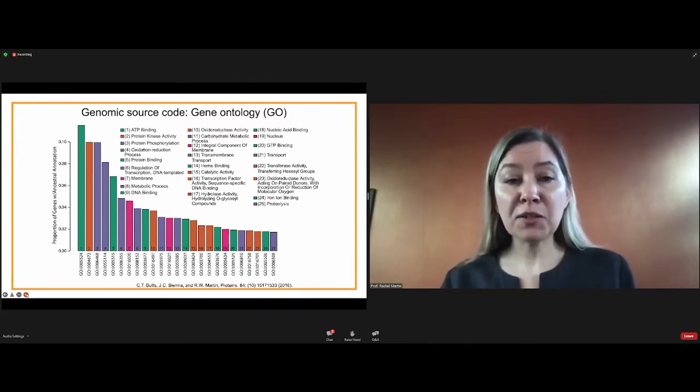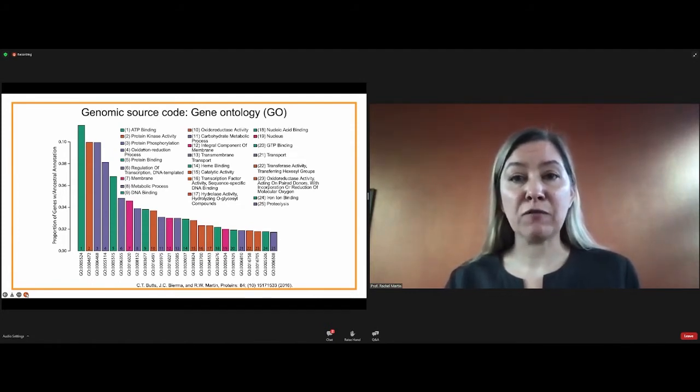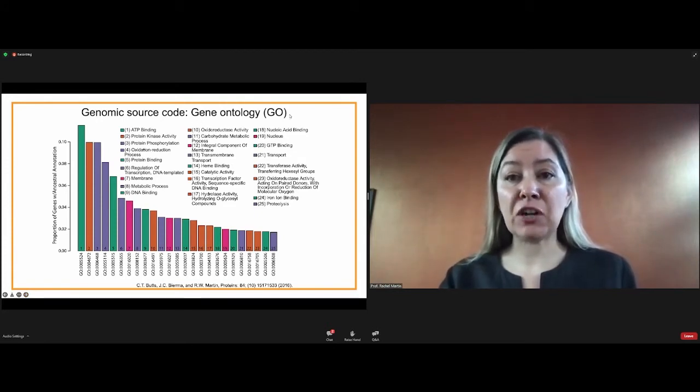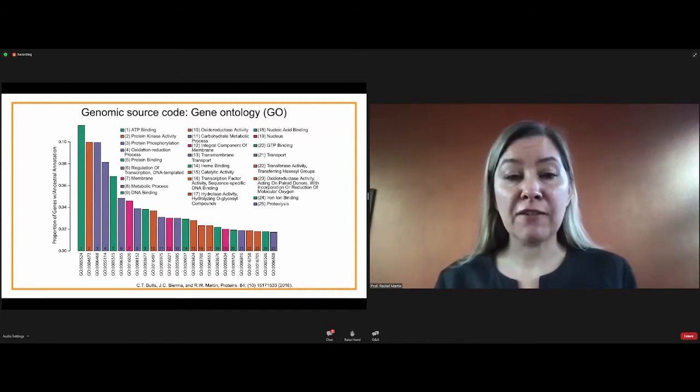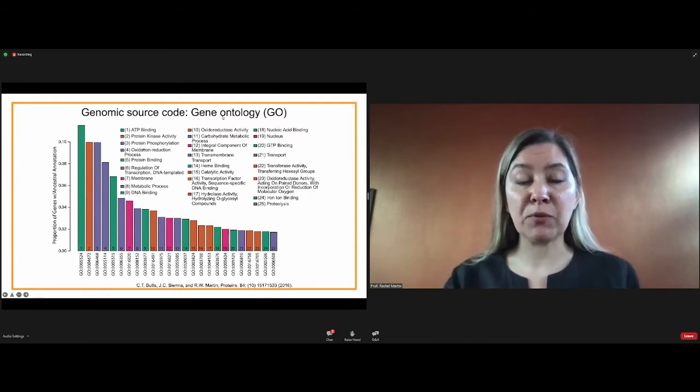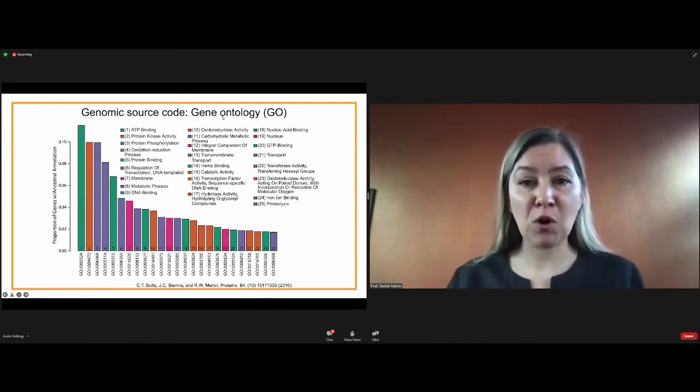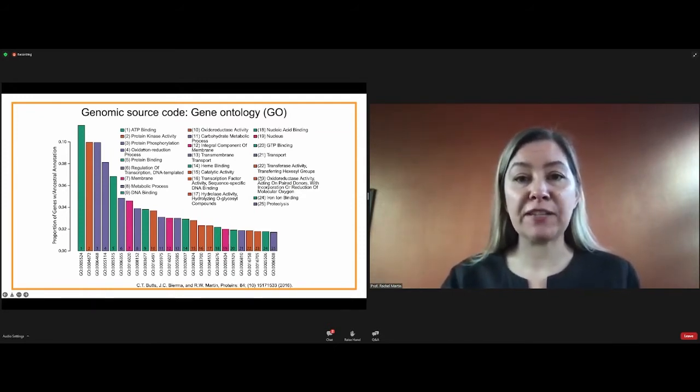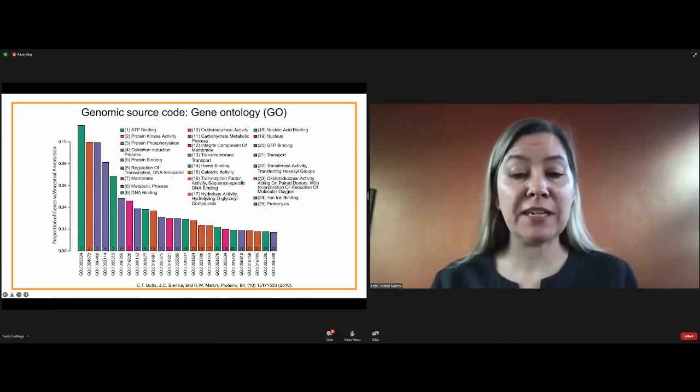We can also look at whether it has all of the core genes that we would expect for a eukaryote. That's where we can look at these gene ontology codes, which are just a classification of what different proteins do. Again, we're using gene and protein kind of interchangeably here, as all of these refer to the activity of the protein.